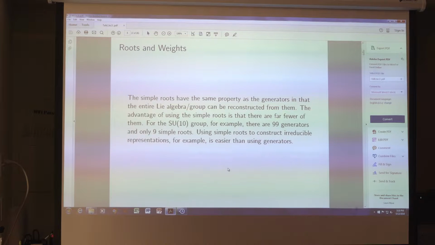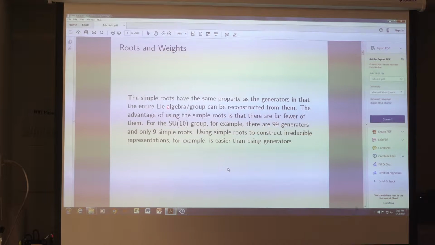So essentially, the whole purpose of how Cartan came up with this idea is that the simple roots associated with a given Lie algebra have a very important property: they can reproduce the entire algebra while giving you the minimum amount of information.